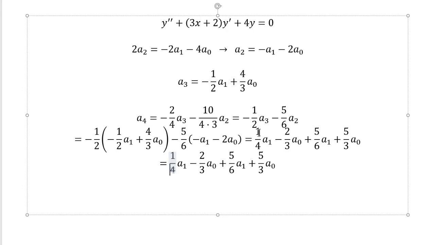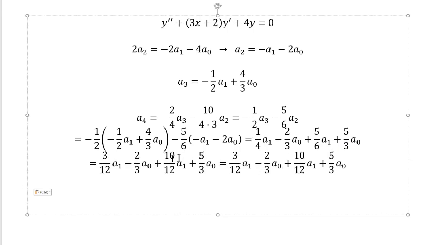So multiply 3 top and bottom, so it will be 3 over 12. And then multiply 2 top and bottom, that will be 10 over 12. Okay. So now we can combine them easily. So let's see, 3 plus 10 is 13, so it's 13 over 12 a1.